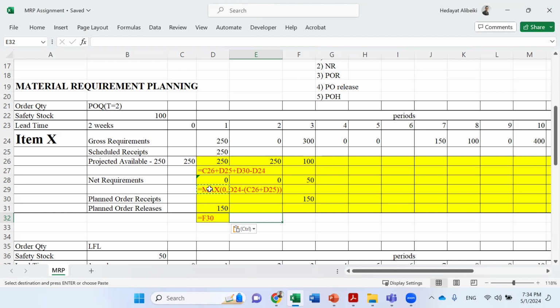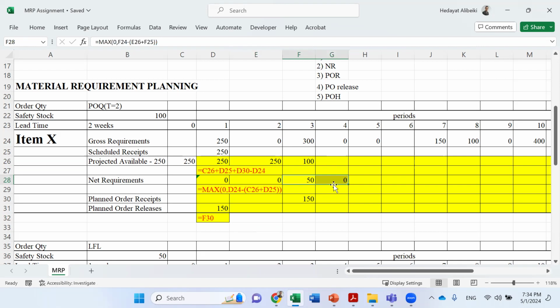When it's 2 periods, I should order enough for this period and the next period. The gross requirement in the next period is 0, so I don't need to add anything. So if this is enough, I just move on to the next period.